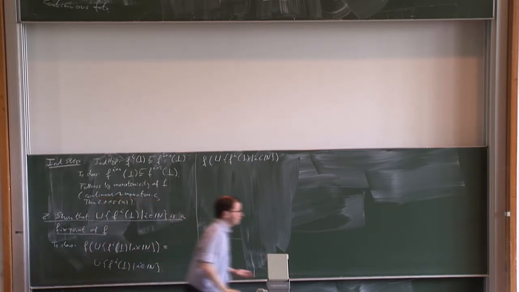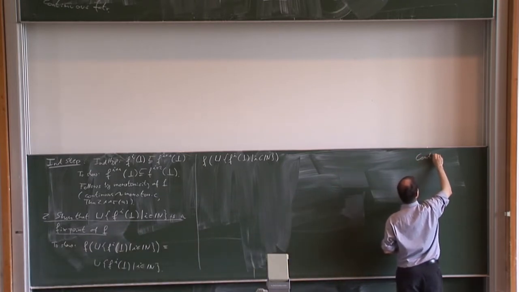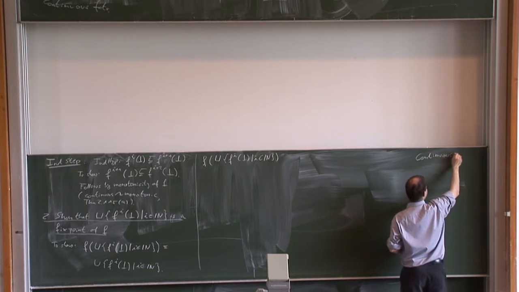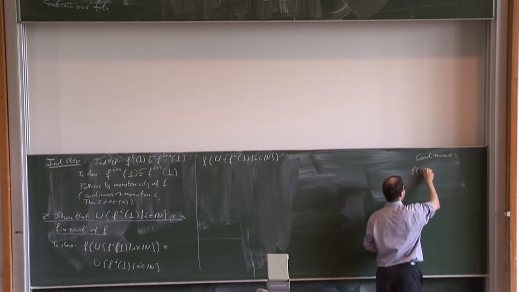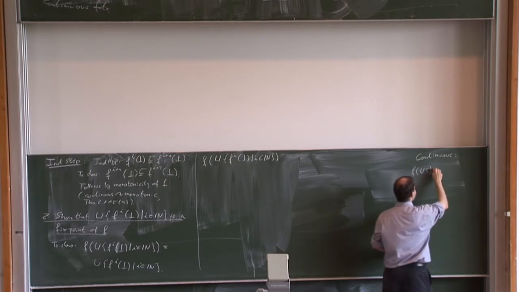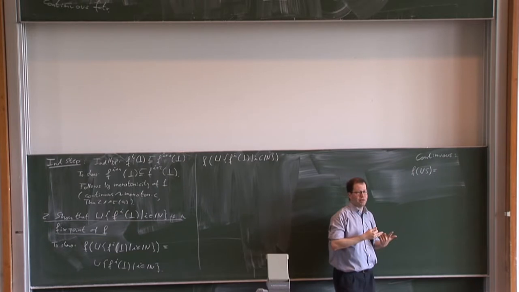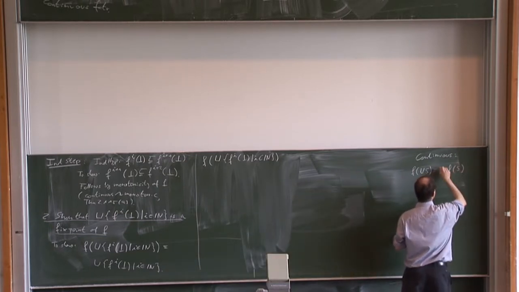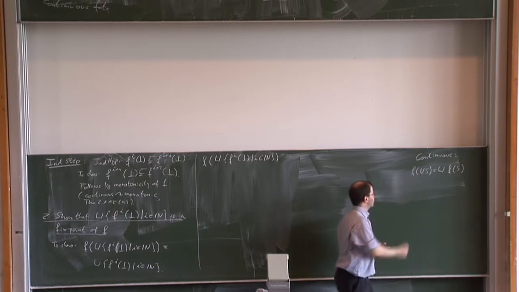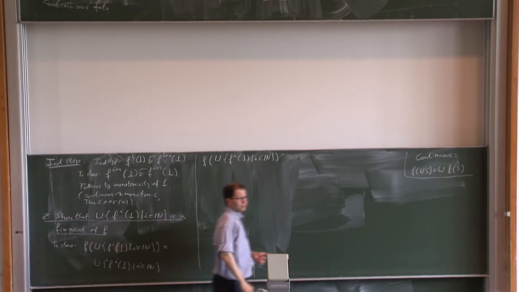Now, continuous means if you apply f to the upper bound of some chain, then you can exchange building the least upper bound and applying f. So instead, you could first apply f to every element of the chain and build the least upper bound afterwards.